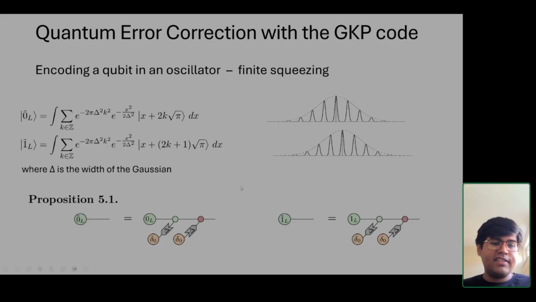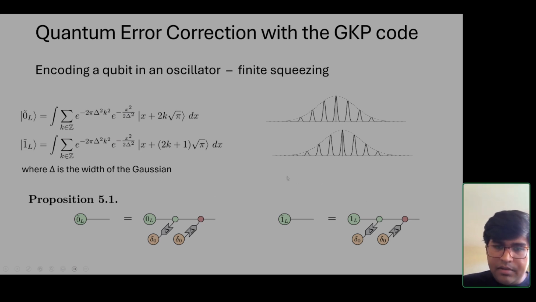Now, if you write this in the ZX calculus, we have a very compelling picture that we can derive, which shows that these GKP states with finite squeezing correspond to the ideal ones. Look at the Z 0 L, which is the finite squeezing approximation. That's the same as the ideal one, but you have injected some Gaussian noise into the ideal state.